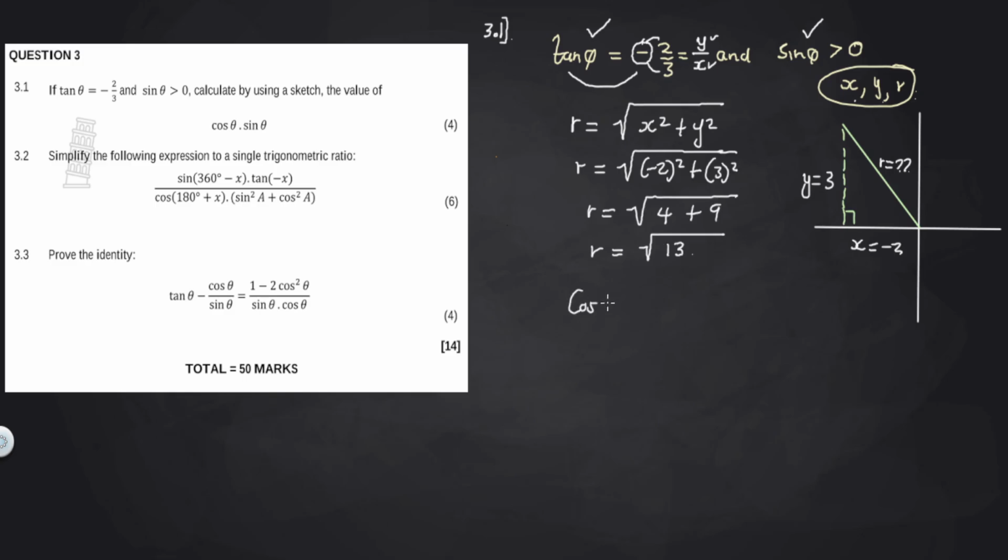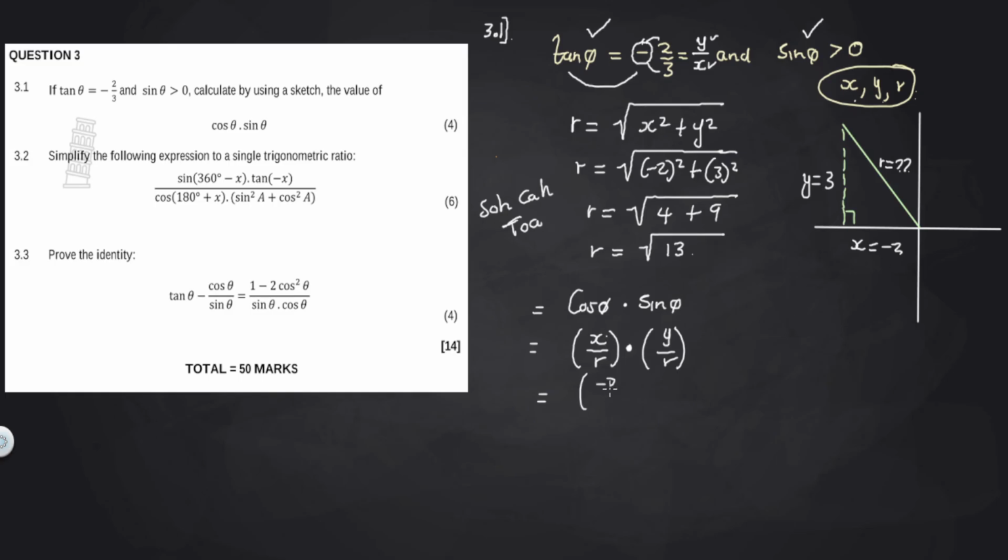Now I have my x, y, r. I can now calculate cos theta multiplied by sine theta. Cosine is adjacent divided by the hypotenuse, SOHCAHTOA, and sine is opposite over hypotenuse. What is x?